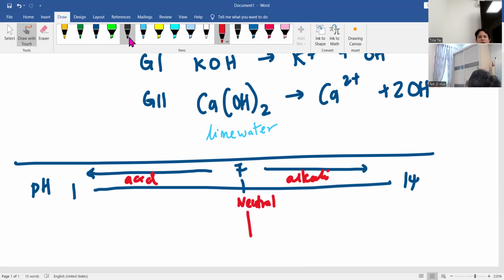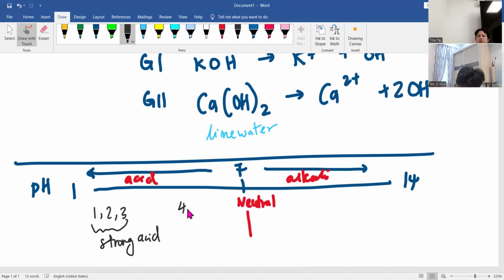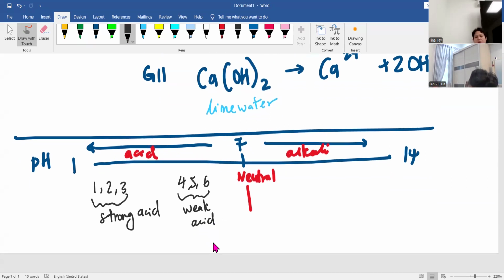Now, if you have pH 1, 2, and sometimes 3, it is what we call a strong acid. If it's like 4, 5, 6, it's a weak acid, that means not so corrosive. I'm going to explain what it means in a while.